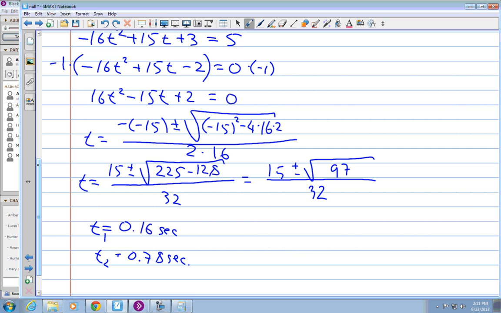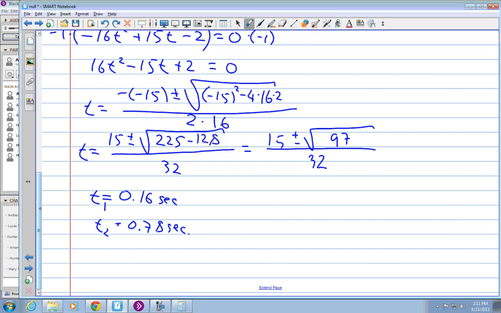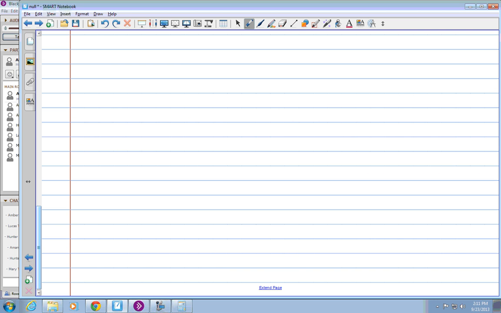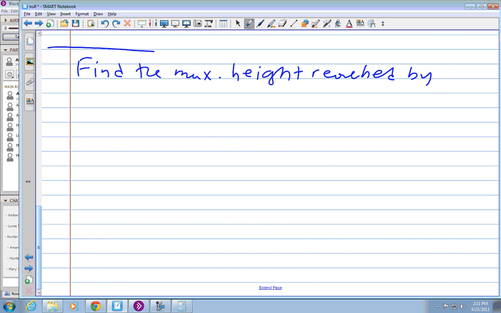Just solving quadratic equations, giving the formula, setting it equal to whatever the height we're getting at. And finally, I can ask you this question. Find the maximum height reached by the marker. So again, our function was negative 16t squared plus 15t plus 3, right?